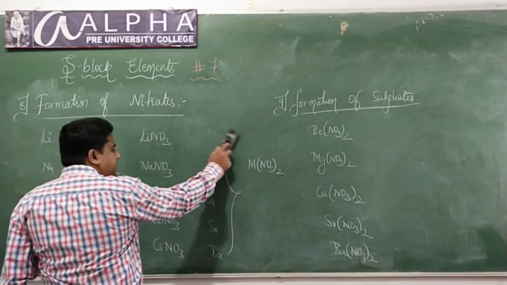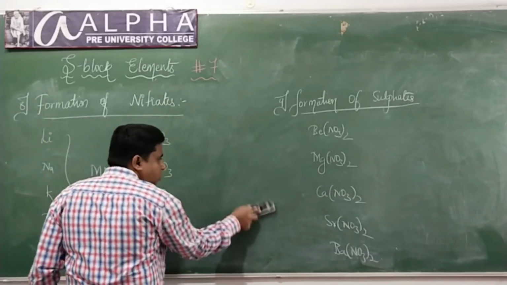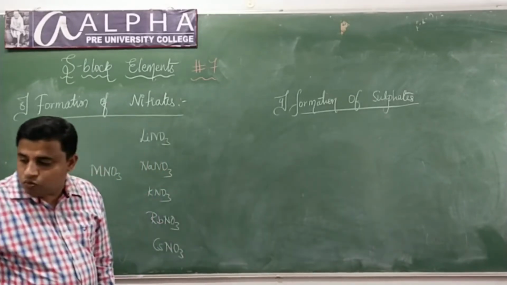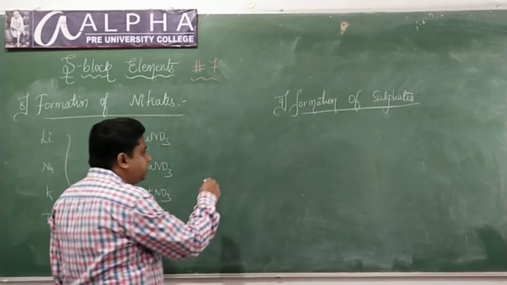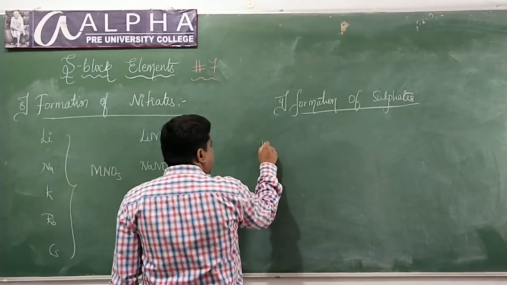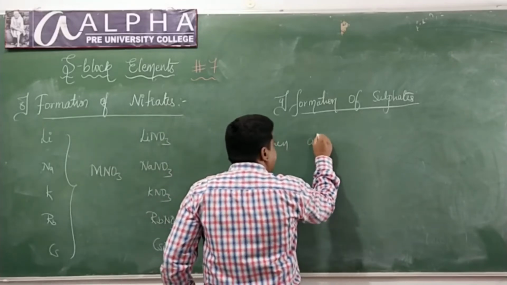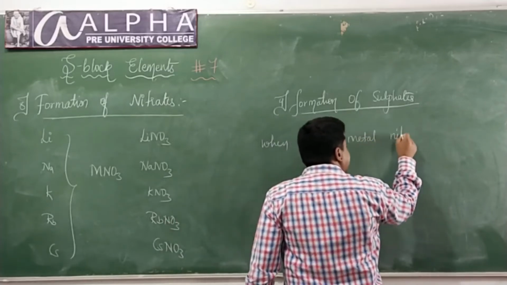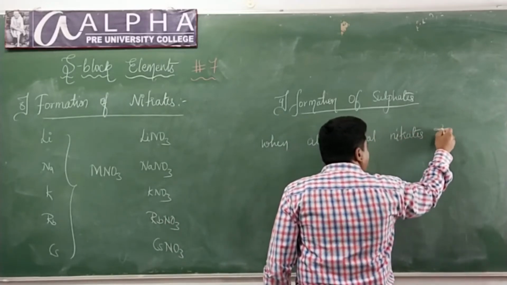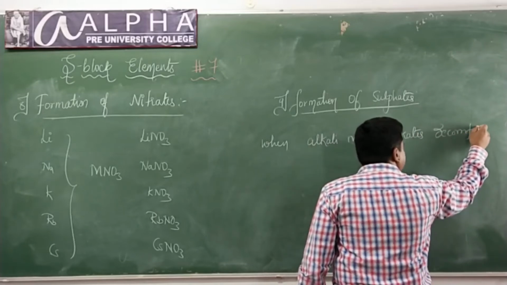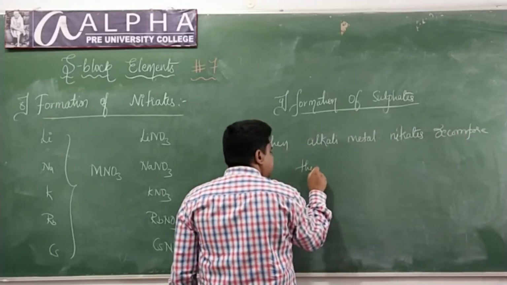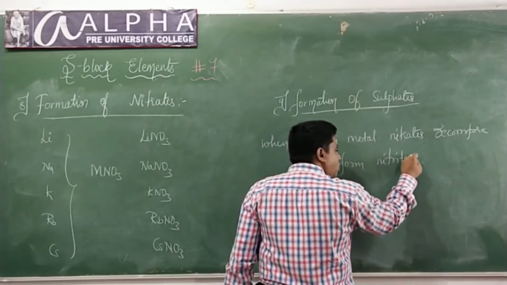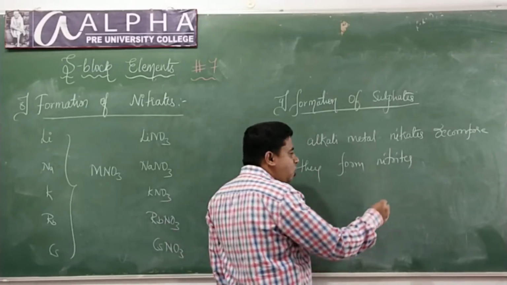Now see this. When alkali metal nitrates decompose, they form nitrites and oxygen.